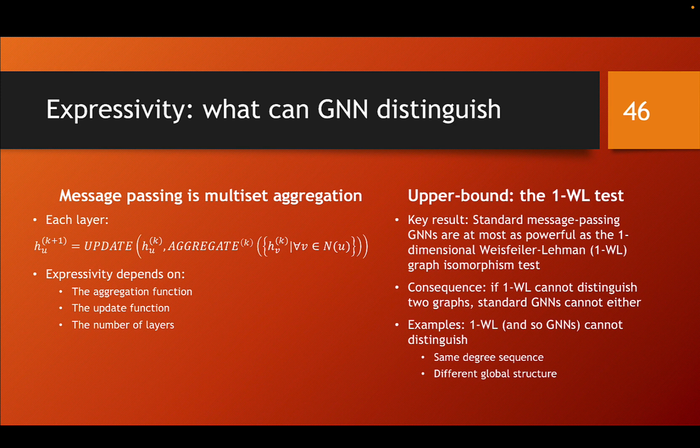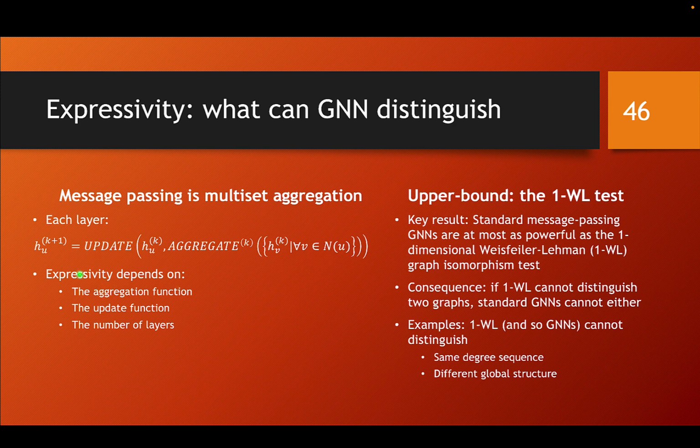So I want to start with these two observations. On one hand, I want to mention message passing and the fact that message passing is fundamentally multi-set aggregation. And you might remember that the updating of the embedding in each layer has this sort of form, and this is where the neighborhood occurs.